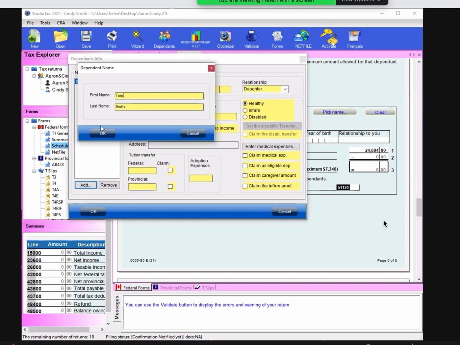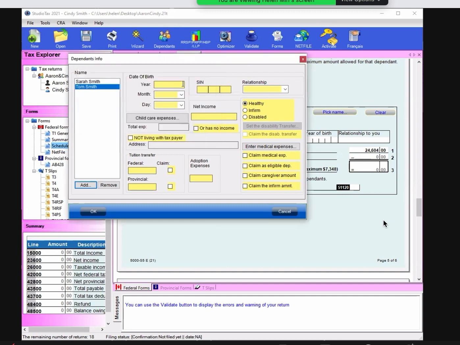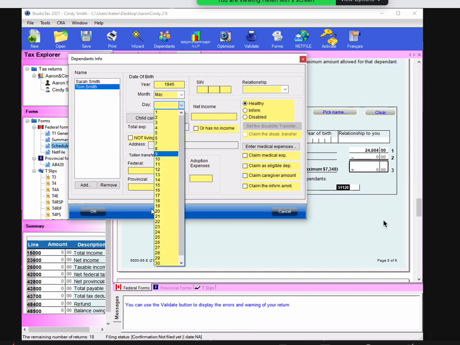Say Tom was born May 20, 1945, and Tom's net income is 10,000.